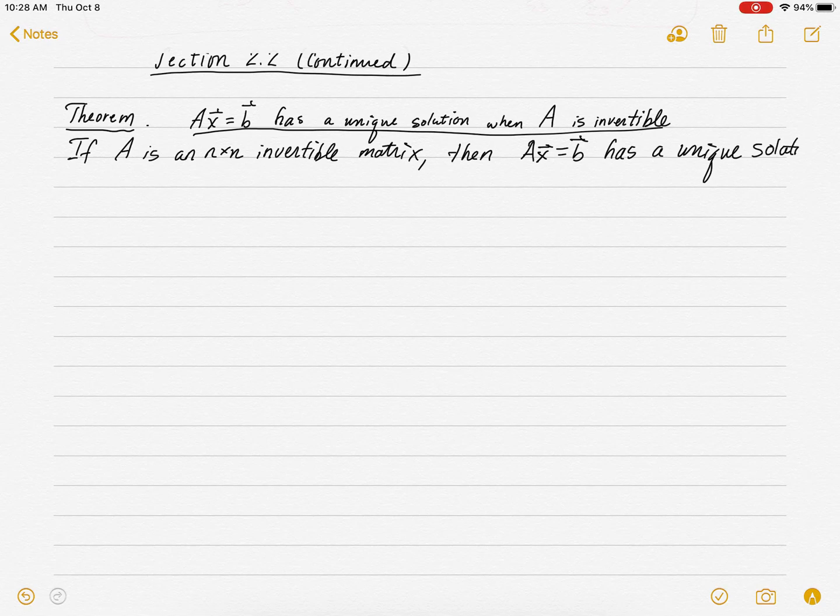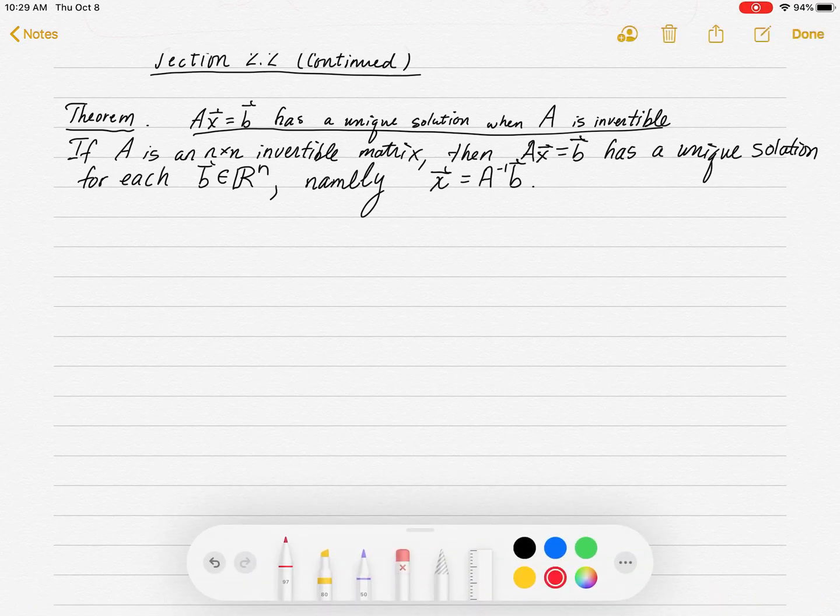So this linear system, AX equals B, has a unique solution for each vector B in Rn. Namely, the solution is going to be A inverse times B. Your solution X is going to be A inverse times B.